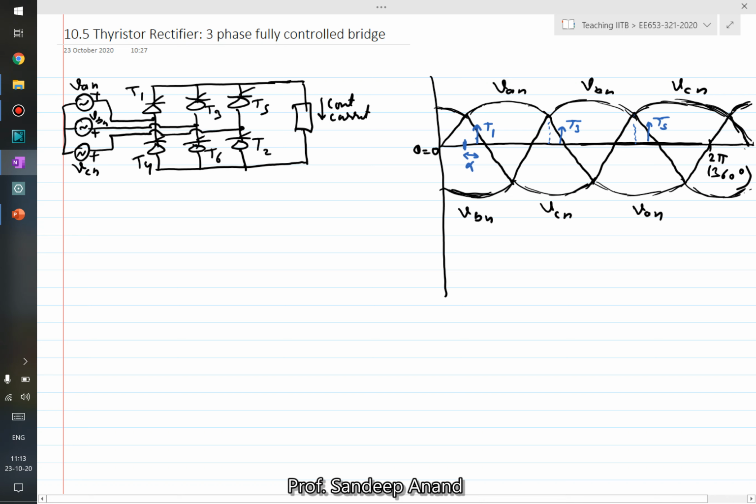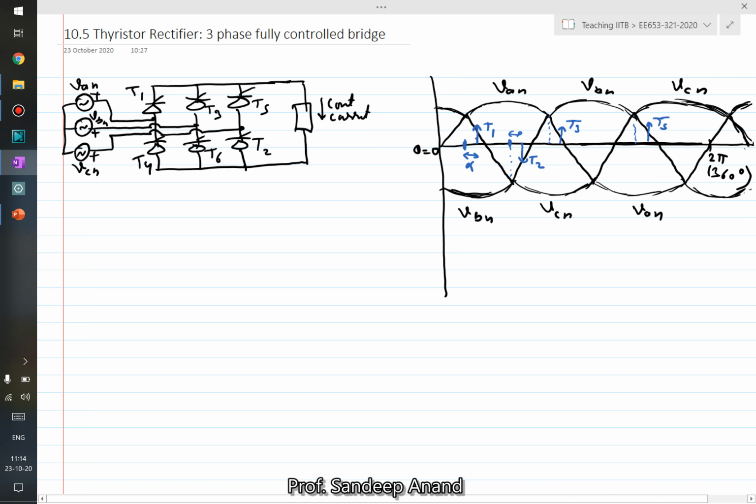What about T2? So T2, if you see, is connected with phase C. So whenever the phase C voltage is most negative, then it will start conducting naturally. So T2 would naturally start conducting here at theta equal to 30, 60, 90 degrees, right? And therefore we can define T2 angle, which we would give at alpha plus 90 degrees, right?